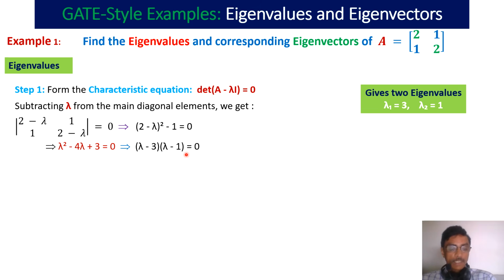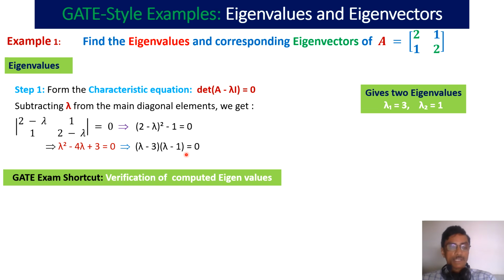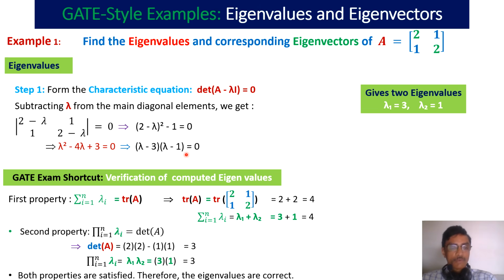Now let us quickly verify them using two important properties which will be helpful in GATE examinations. The first property is that the sum of all eigenvalues equals the trace of the matrix A, and the second property is that the product of all eigenvalues equals the determinant of A. First we use the first property.